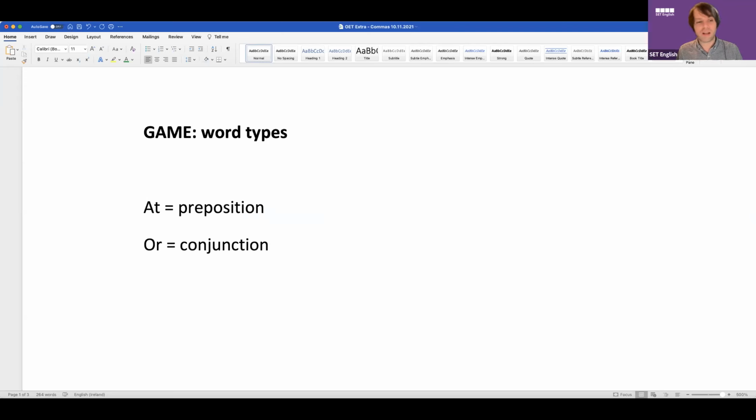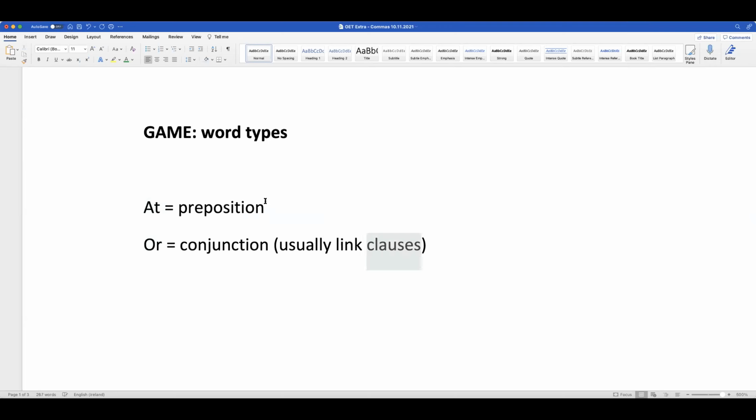Could you tell me what's the difference between a word like this and a word like this? Conjunctions link clauses. Yes, they link clauses. And that's what we need to study today. Yeah, okay. And prepositions?